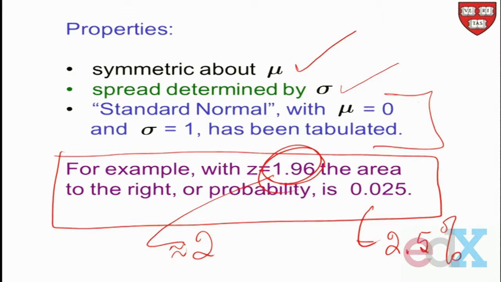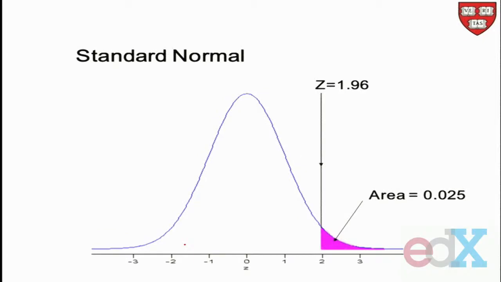So the area to the right of 2 is about 2.5%, 0.025. Starting to ring a bell already with the empirical rule? Okay, so there it is. The area to the right of 1.96 is 0.025.